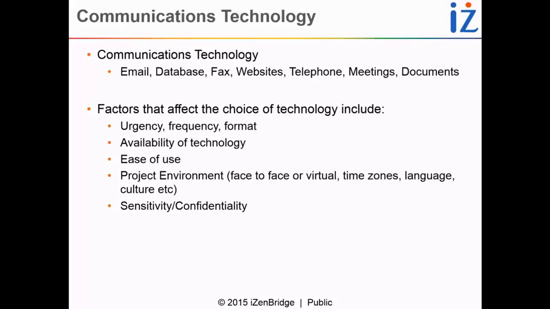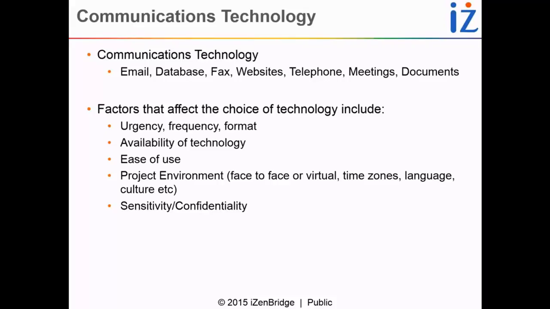And when we are choosing a communications technology, when we are planning our communications, we have to look at all these different factors that I've included here. How urgent is the information? For example, if the information is very urgent, then obviously I'm not going to write a 6-page report.